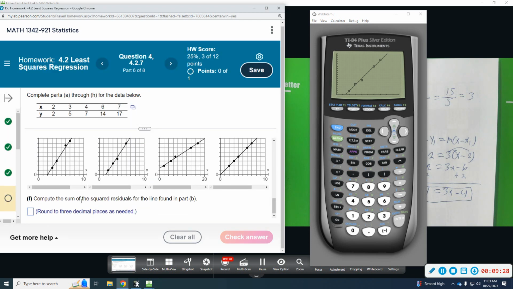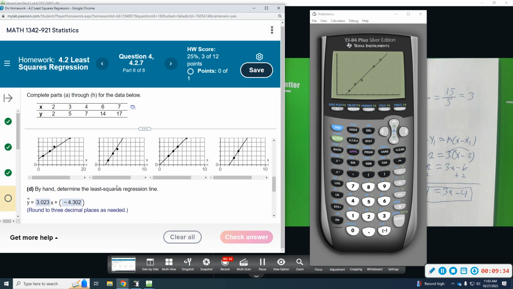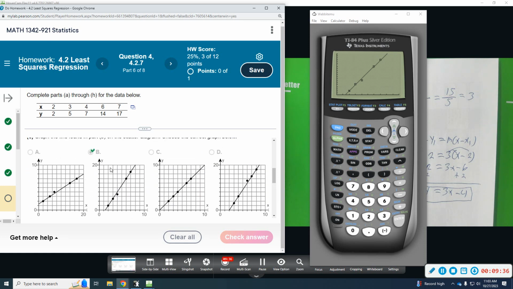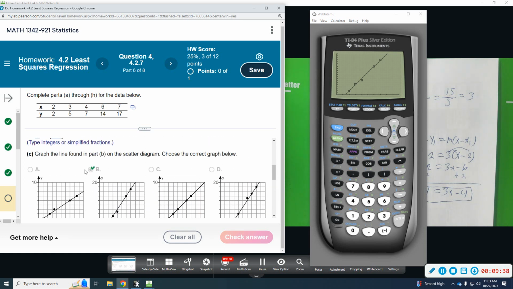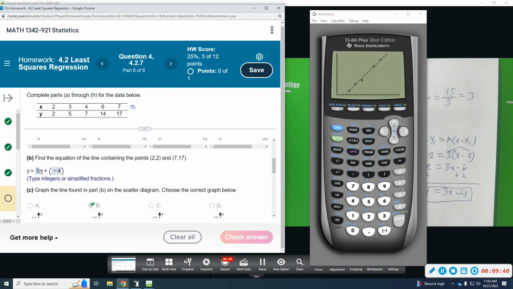And then we want to compute the sum of squared residuals found in part B. So I'm going to go back to y equal, and then I think I can do this with stat, maybe.